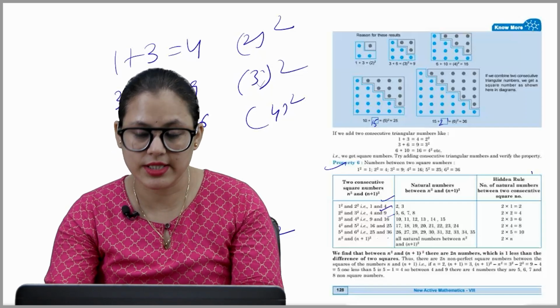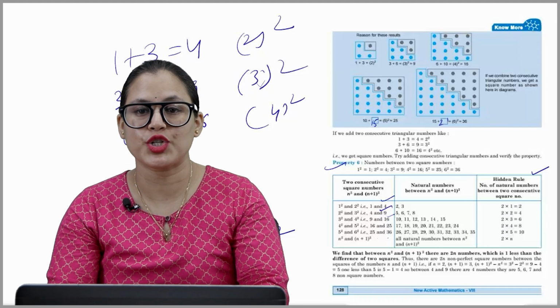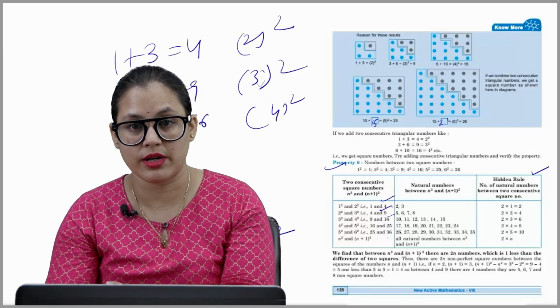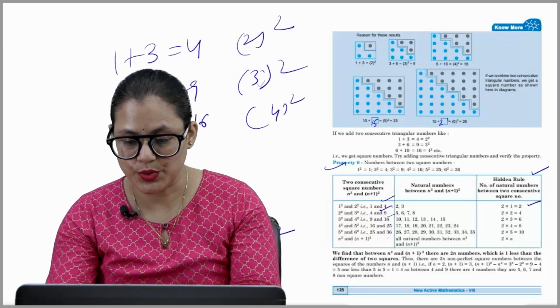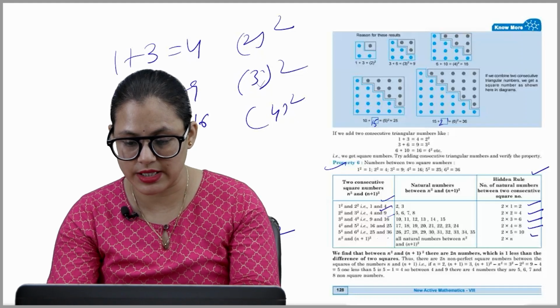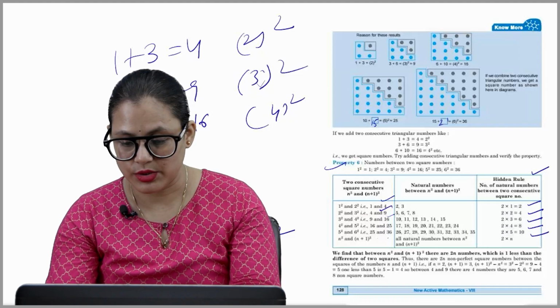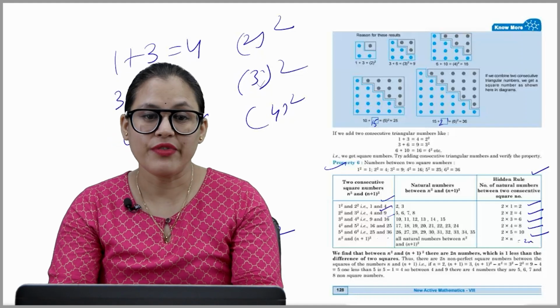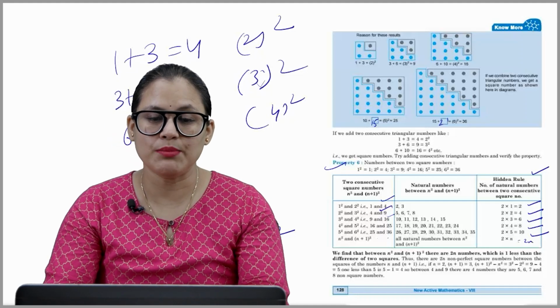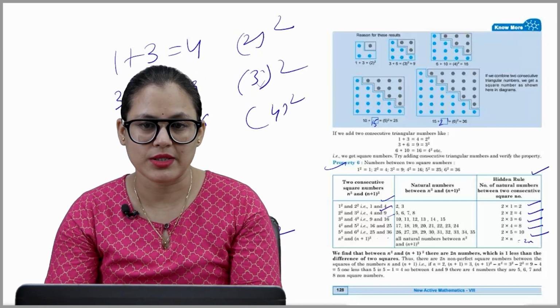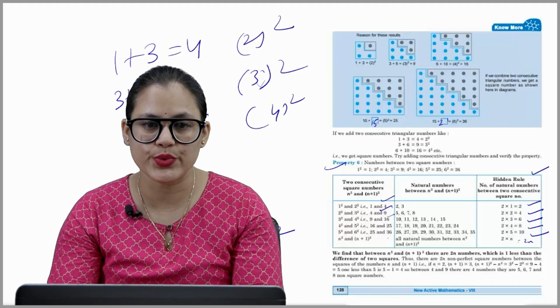Okay. So, what is the hidden rule of the number of natural numbers between two consecutive square numbers? 2 into 1 is 2, 2 into 2 is 4, 2 into 3 is 6, 2 into 4 is 8, 2 into 5 is 10, then 2 into n is 2n. We find that between n square and (n plus 1) square there are 2n numbers, which is 1 less than the difference of the 2 squares.